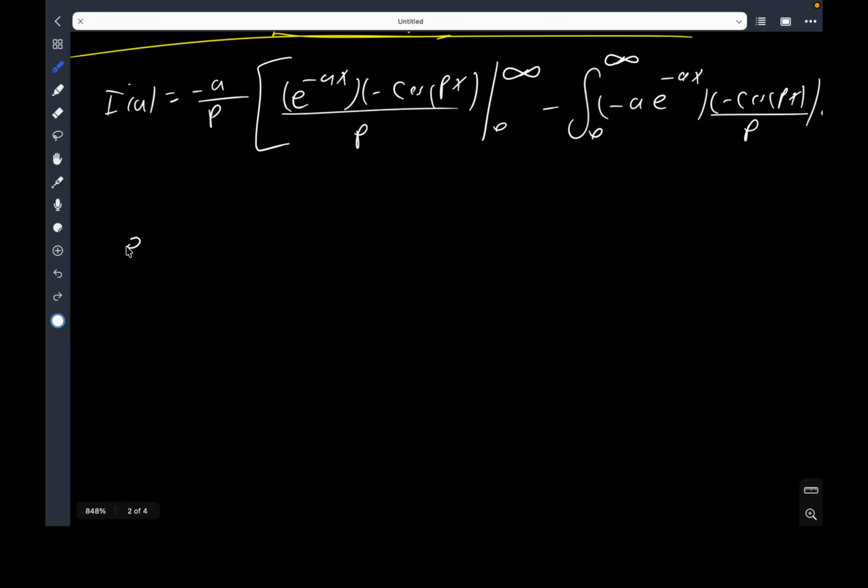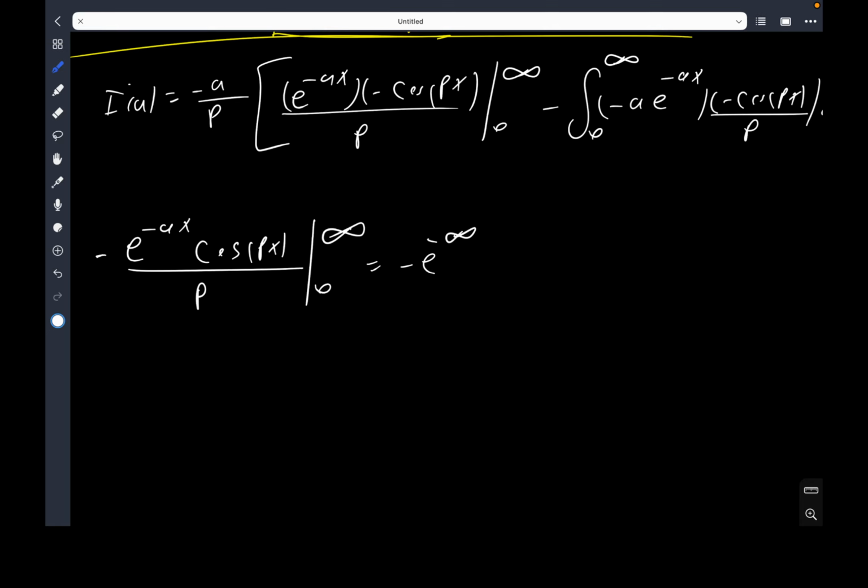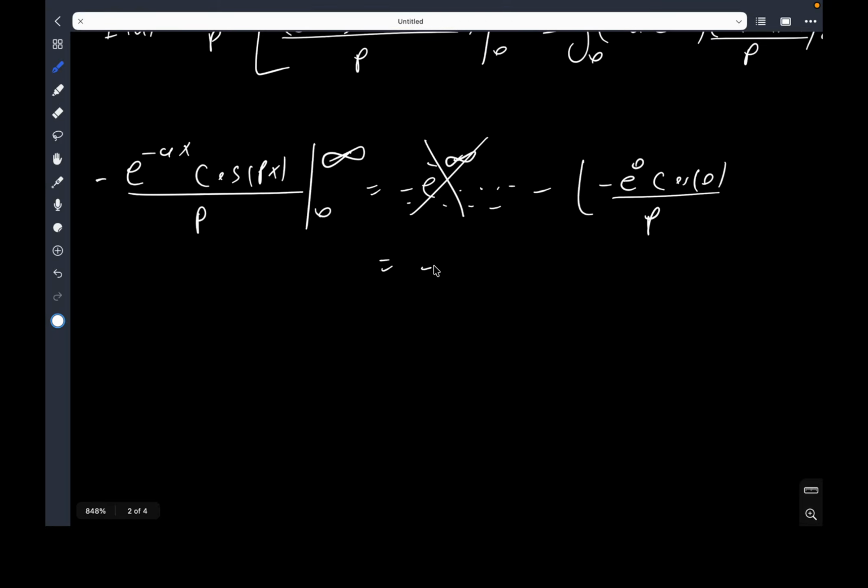The limit of e to the negative ax cosine of px over p from 0 to infinity is negative e to the negative infinity, and the other terms are not important because this alone is going to go down to 0, minus negative e to the 0 cosine of 0 over p, which is 1 over p.